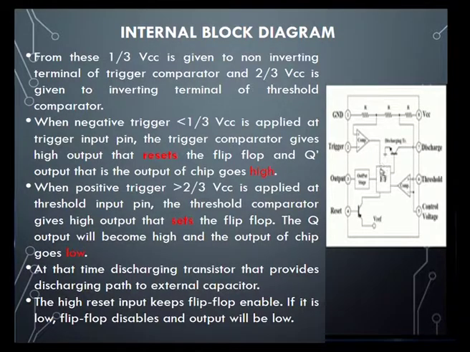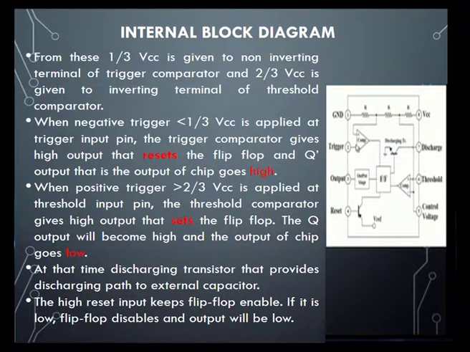This is how we connect the comparators, and the outputs of both comparators go to the flip-flop as its inputs. This is how we can find the different connections of the internal block diagram.